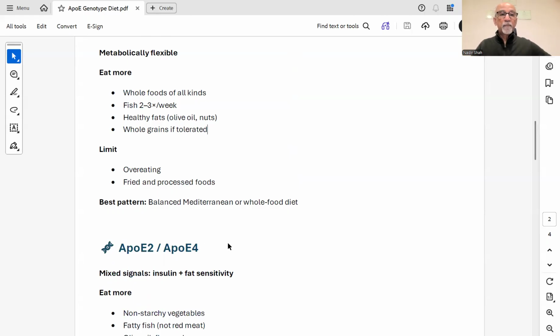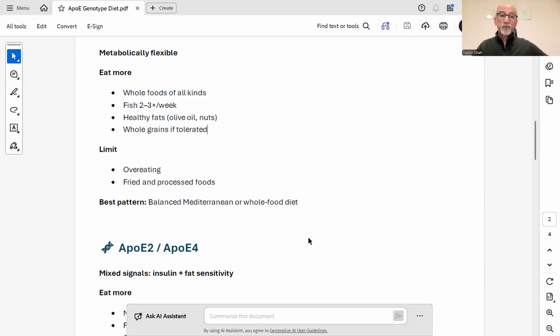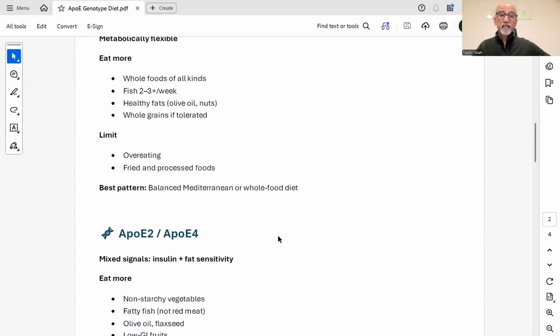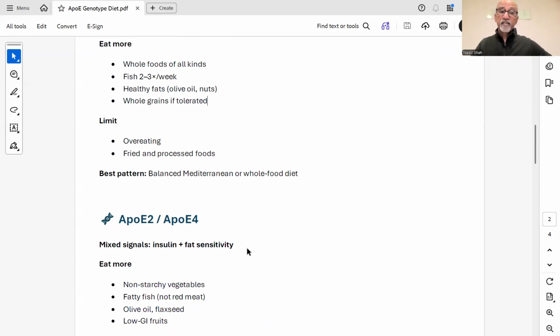Okay, and this one is an insulin sensitivity issue as well. They don't handle insulin spikes very well. So here you have a combination of two genotypes with two variations of problems. One is insulin and fat. Both are sensitive, from both perspectives.